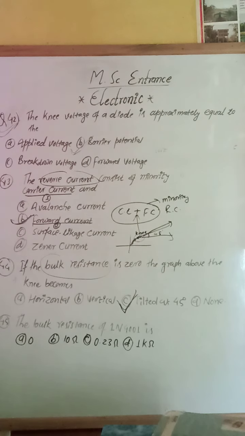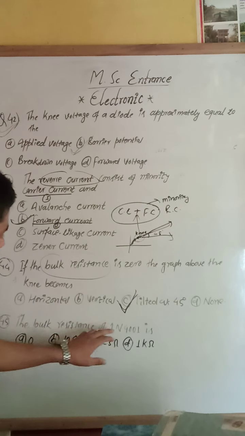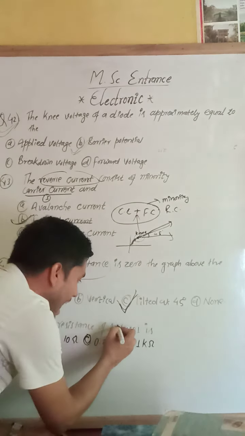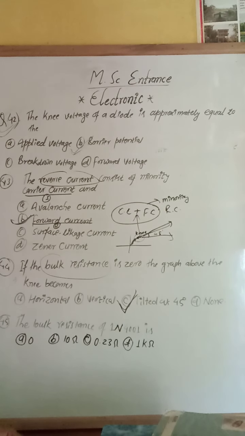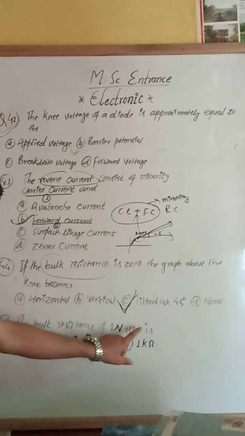Okay, at last we have one extra question. This is numerical data we can learn by heart. We must keep in mind the bulk resistance of 1N4001. We are given one type of bulk resistance, and its name is 1N4001.